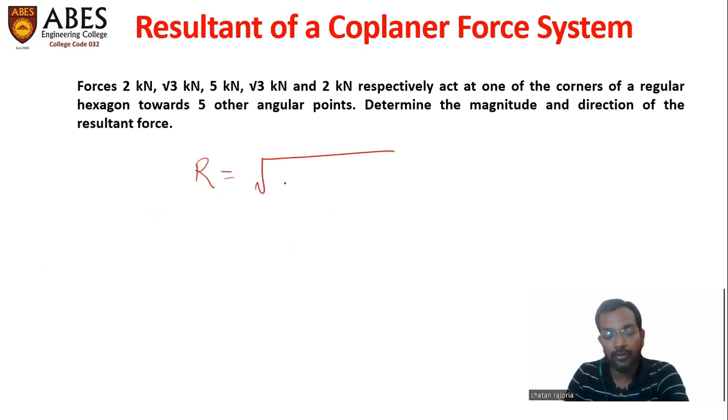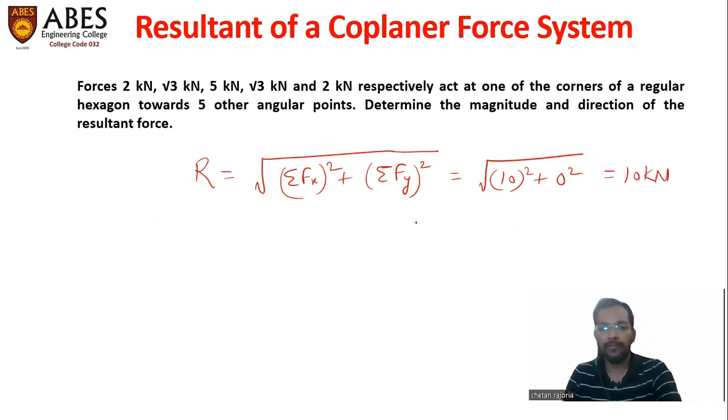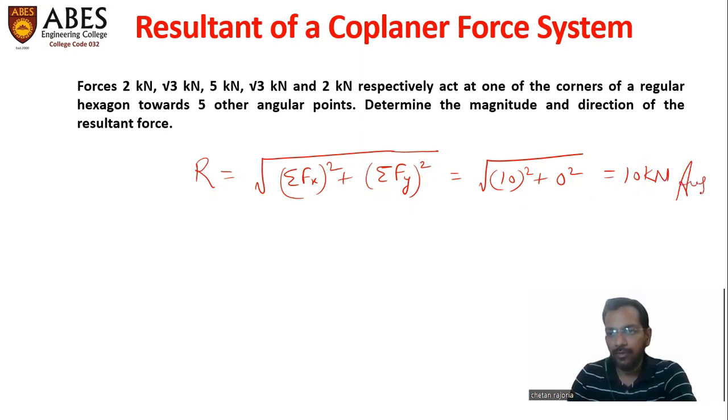This is the formula to calculate the resultant: square root of summation of forces along x-axis squared plus summation of forces along y-axis squared, means sigma Fx squared plus sigma Fy squared. Let's put the values. It's 10 squared plus 0 squared. So this is coming to be 10 kilonewtons. So that is our first answer.